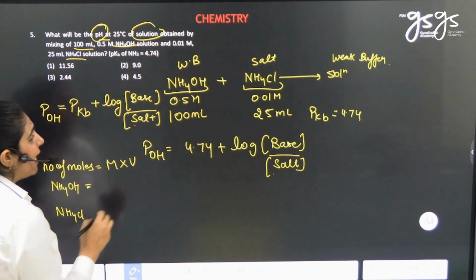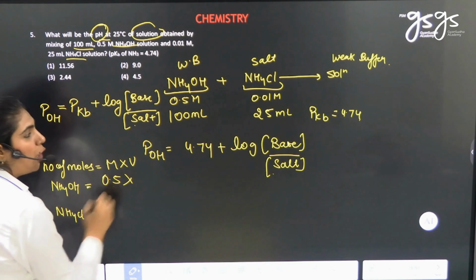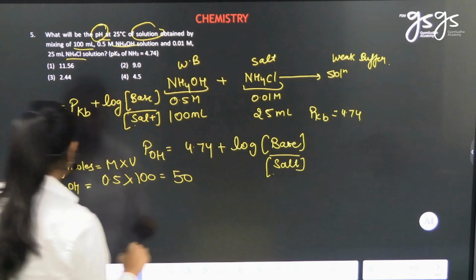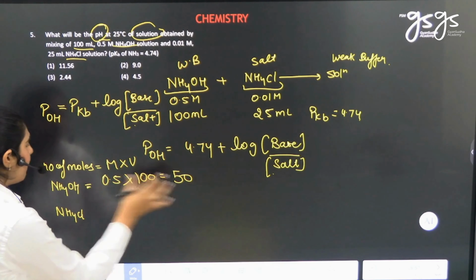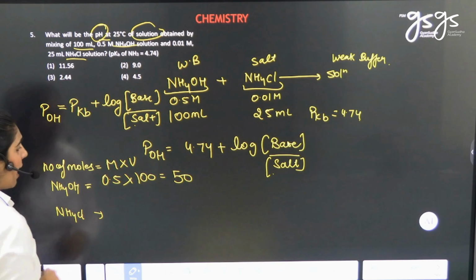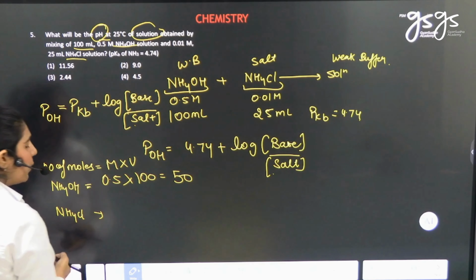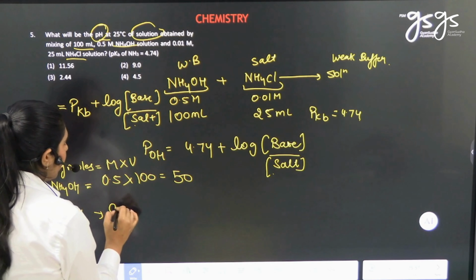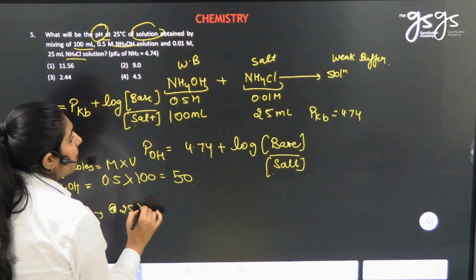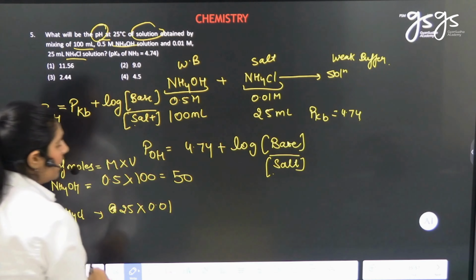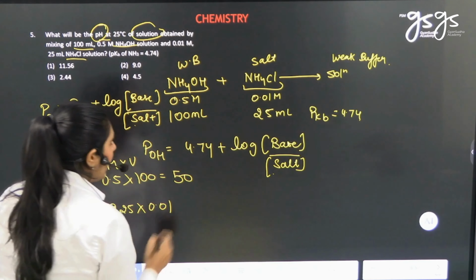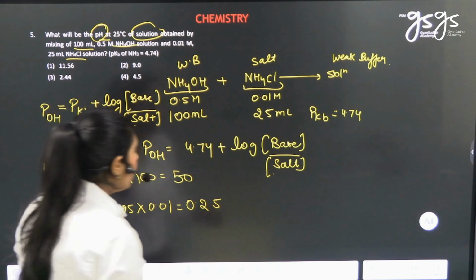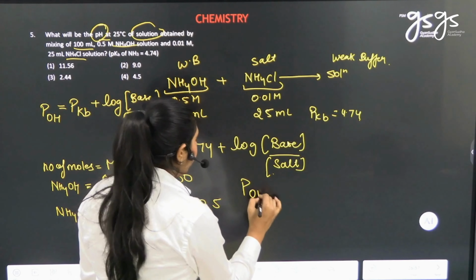I can calculate using the given terms, molarity and volume. For this compound, molarity is given as 0.5 and volume as 100. After solving, we get the value 50, so there are 50 millimoles of ammonium hydroxide. Similarly, I will calculate for ammonium chloride: 25 multiplied by 0.01, that is volume and molarity, and I get the value 0.25.